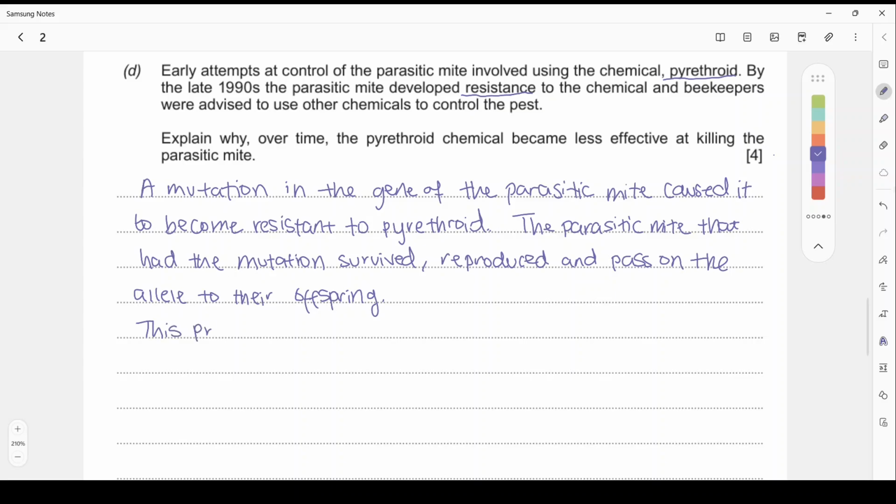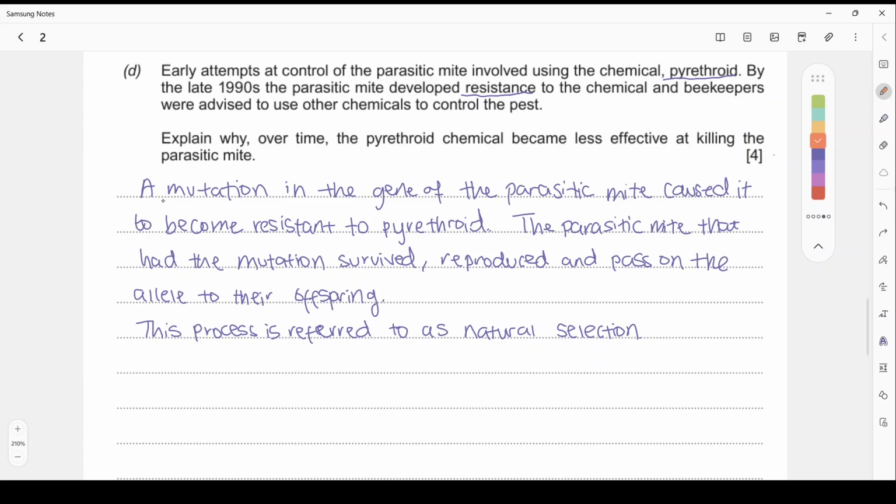This process is referred to as natural selection.